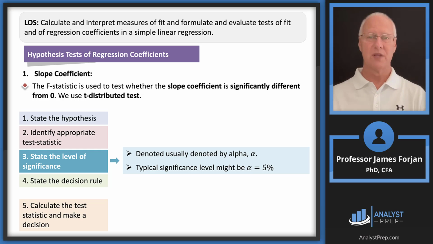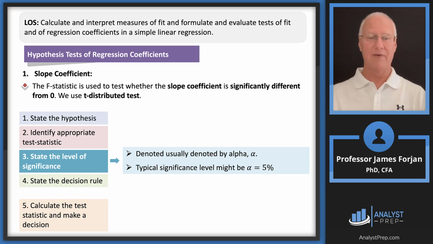Level of significance, for some reason, all stats professors will say something like, the standard level of significance is 5% because we like to make some conclusions with 95% certainty. That leaves just a 5% chance that you're going to be wrong.